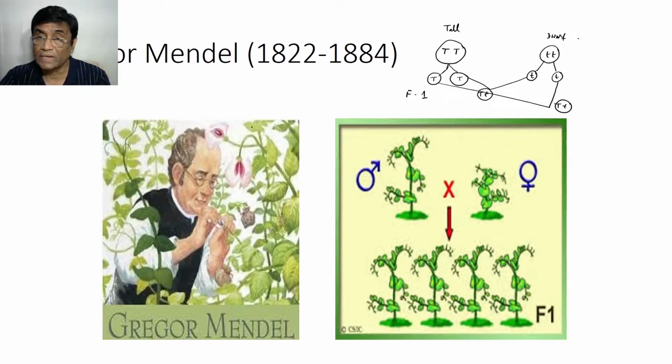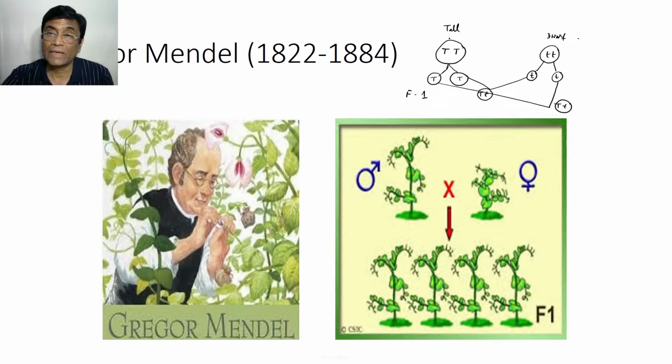Then he postulated that out of two characters, tall and dwarf, always one character is called the dominant character, which will be expressed in the next generation. Another is called the recessive character, which will not be expressed in the immediate generation, but it will remain in the species, so that it can evolve in some other generation, right?